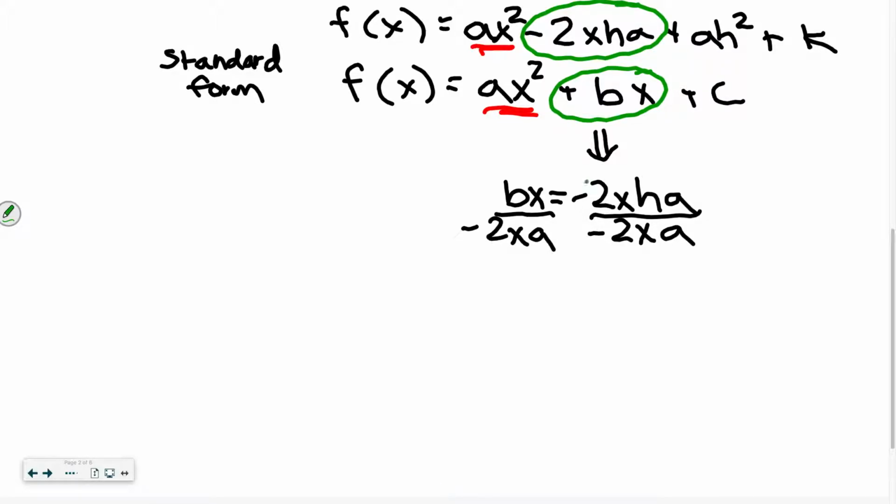Okay, the negative 2 cancels, the x's cancel, the a's cancel, so I just have h equals. And then over here, only the x cancels.